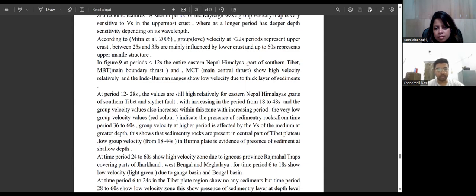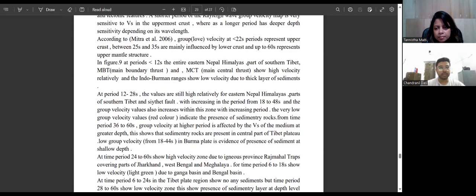And the group velocity values, as can be seen from the diagrams, also increase within this zone with increasing period. The low group velocity values, that is the red color, indicate the presence of sedimentary rocks from time period 36 to 60 seconds.